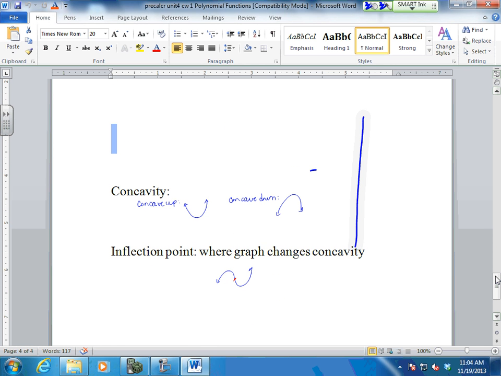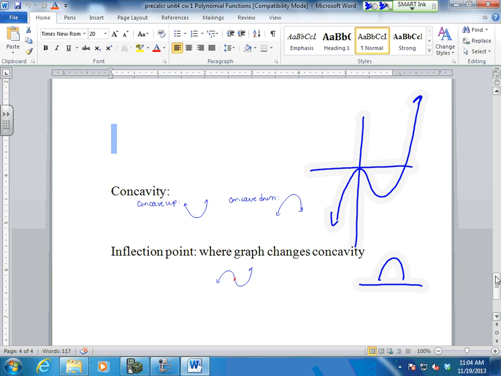Here's my graph. I drew it a little wider just so we could see it. We have concavity. Concavity has the word cave. What does a cave usually look like? Big hole. A big hole, but it's usually on the ground. Doesn't it look like this? Concave. Concavity. We say when the cave turns like this, it turns down. This is concave down.